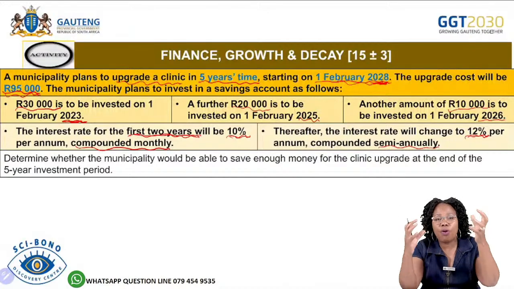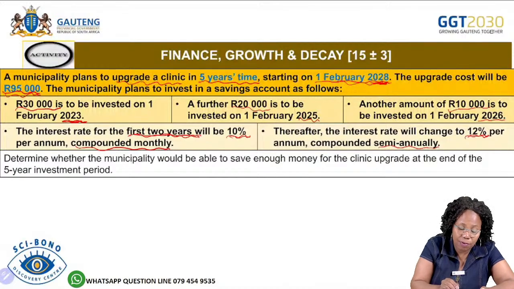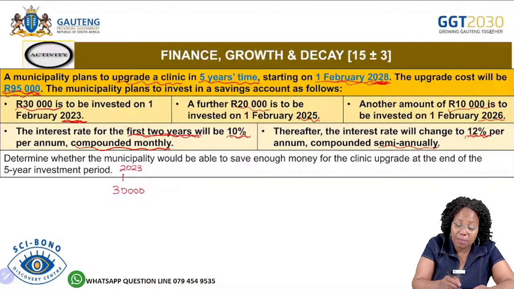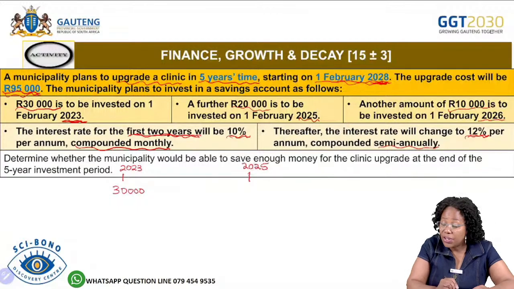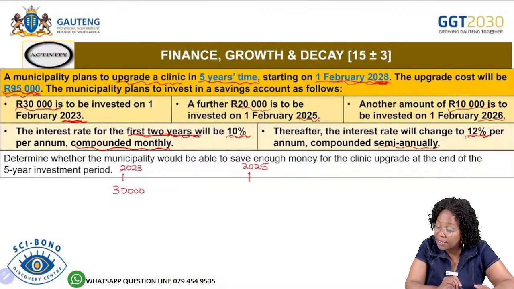Now let's put the whole information on a timeline so that we can have clarity of what is happening here. Right. We are starting our investment in 2023, and then by depositing 30,000, and then this 30,000 remains in the investment up to 2025, and then in 2025 20,000 is added.